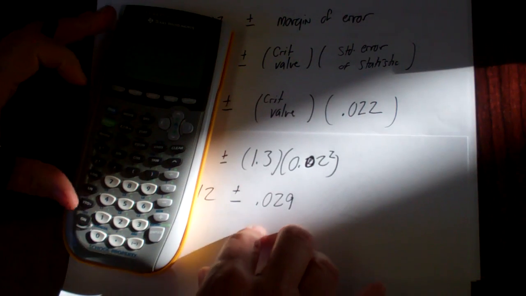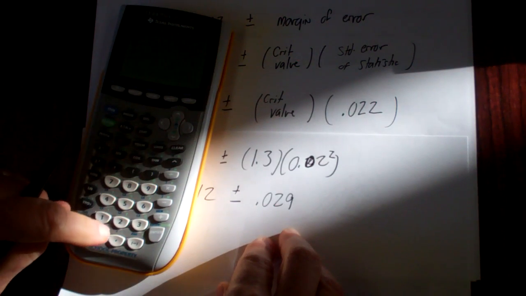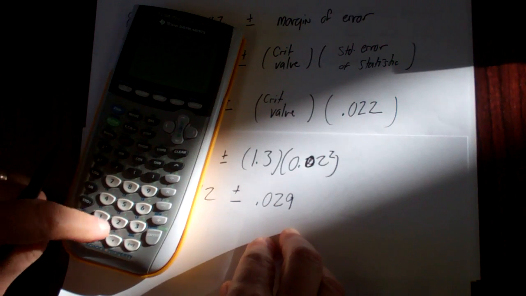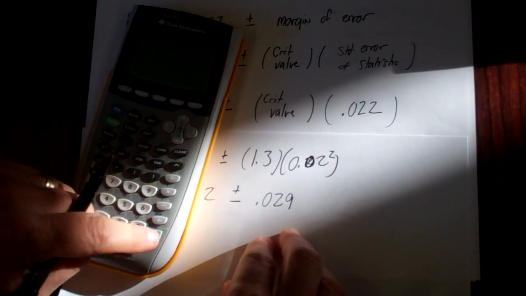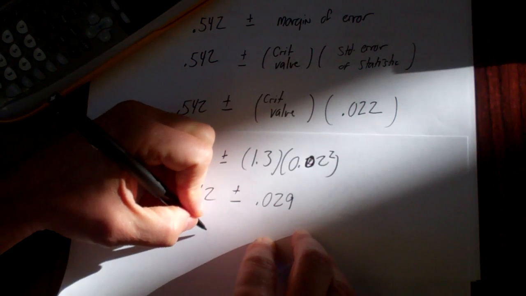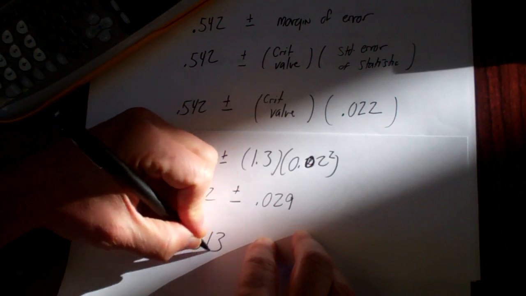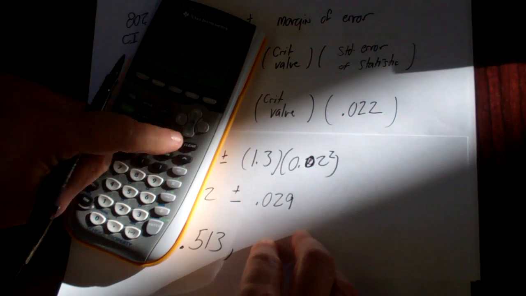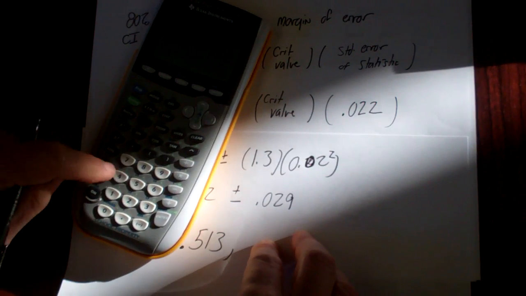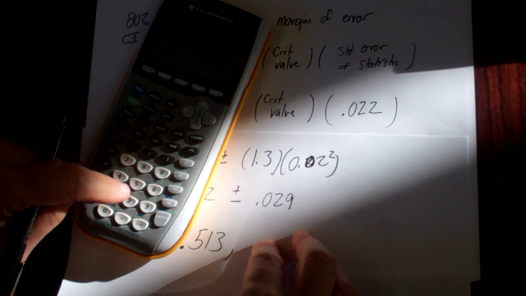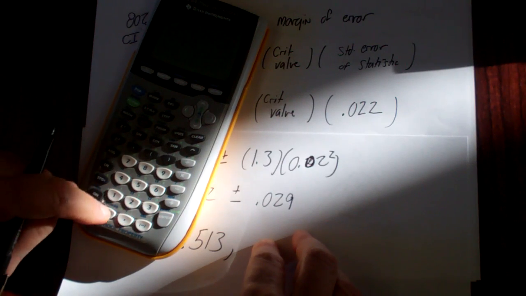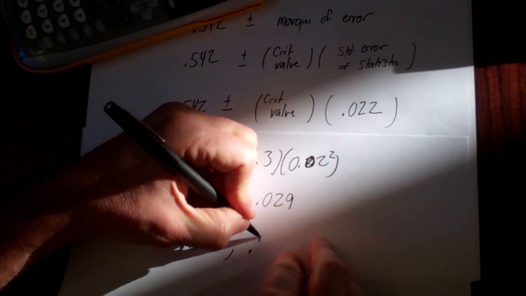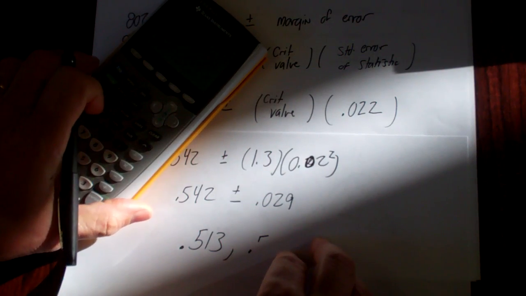So here we're going to do 0.542 minus 0.029, and we get 0.513. And then we're going to do the same thing: 0.542 plus 0.029, and we get 0.571.